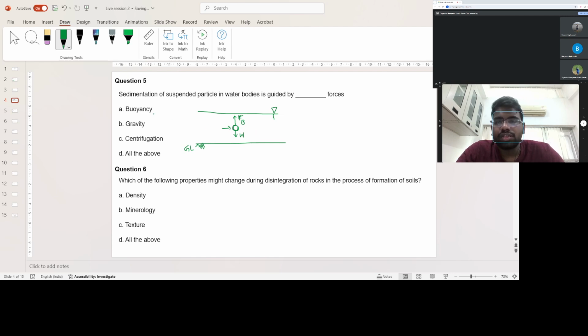So for the sedimentation of suspended particles, the velocity of the water also plays an important role.